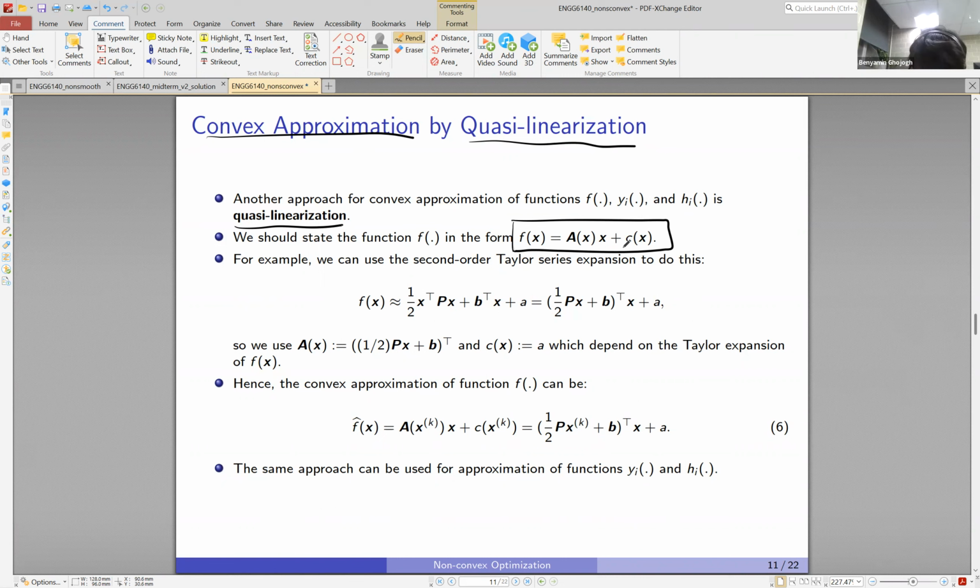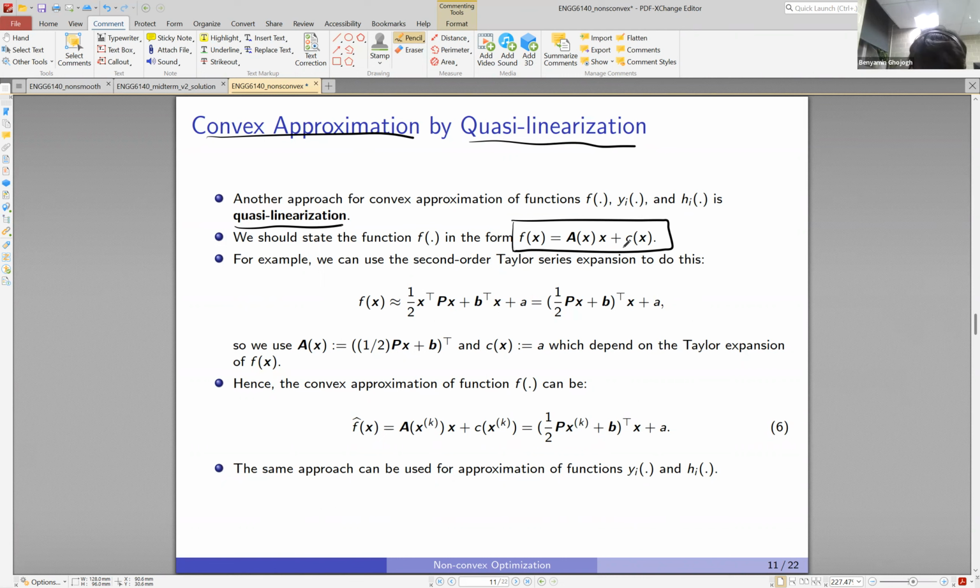So this is a convex quadratic function facing up. This is a second order Taylor series expansion. Therefore, we know P, b, and a, right?